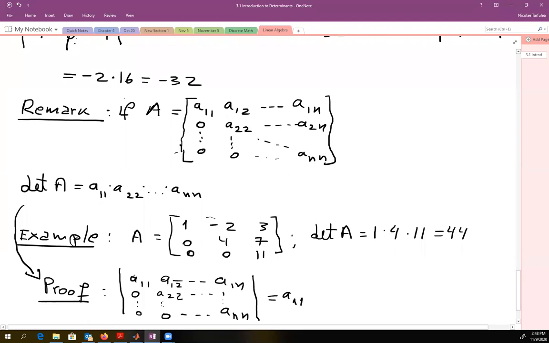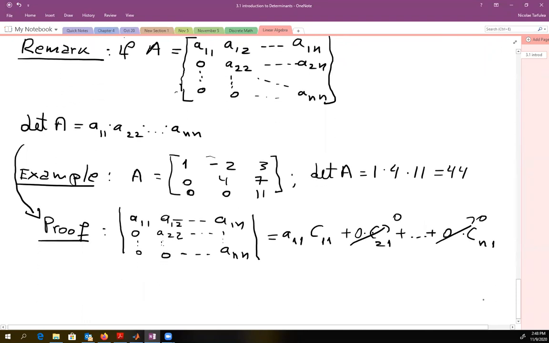So I'm going to expand this down the first column, multiply by C11, and then all the others are zeros, right? 0 times C21 plus 0 times, these are the cofactors in this case, Cn1. These are all zeros. So meaning that what I have here is just A11 times negative 1 to the power 1 plus 1. I'm writing the definition of this 1,1 cofactor.